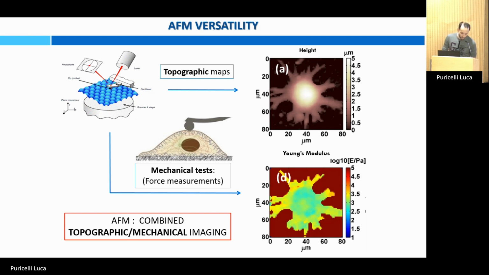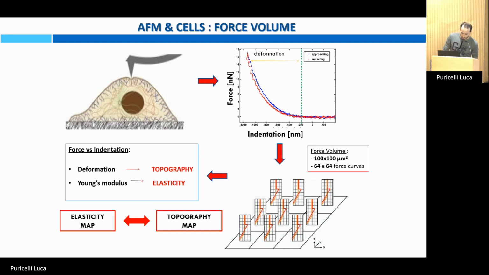It means it depends only on the material of the sample, not on geometry or shape or dimension or volume or other extrinsic factors. I will skip this because I don't want to go too much into technical details, but basically the technique that I use to make this simultaneous measurement is called force volume or force map.